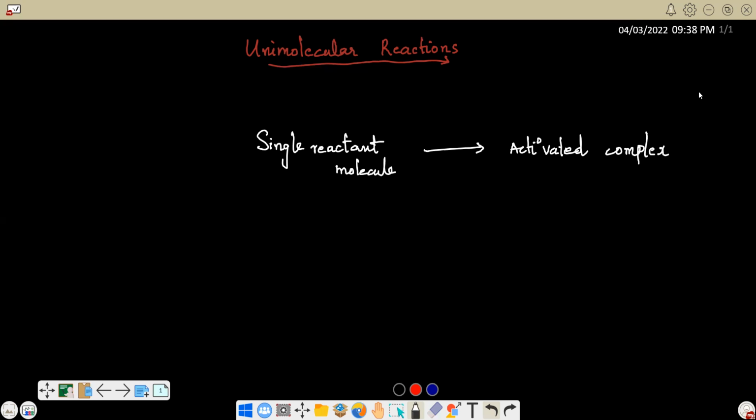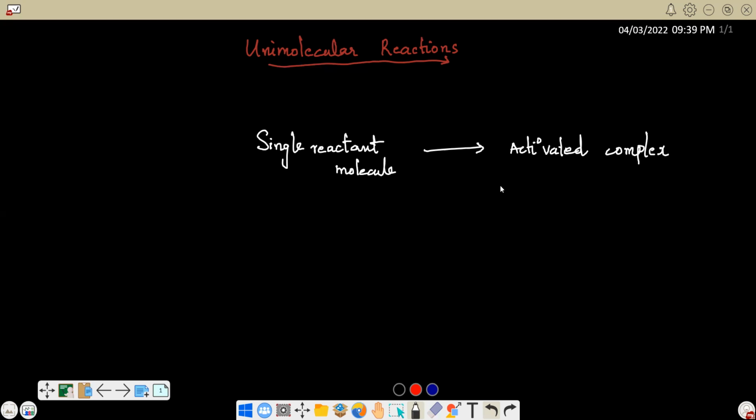Unimolecular reactions are those reactions in which there is a single reactant molecule, and this single reactant molecule is converted to an activated complex. This is what is meant by unimolecular reactions. There are two types.